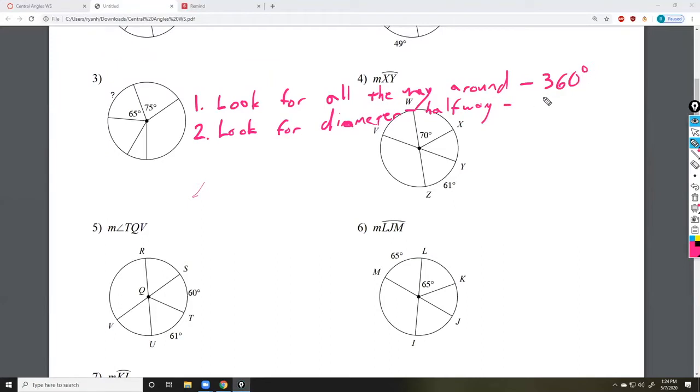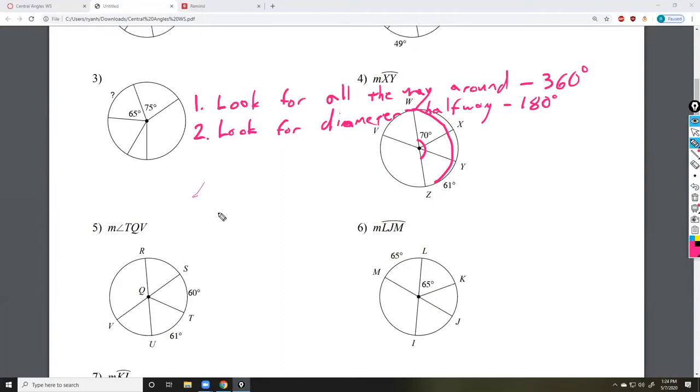And so halfway around 360 degrees is going to be 180 degrees, which, as I said in the notes, should make sense because a diameter is going to form a straight line. And we know that a straight line is 180 degrees. So that's what's going to help us here.